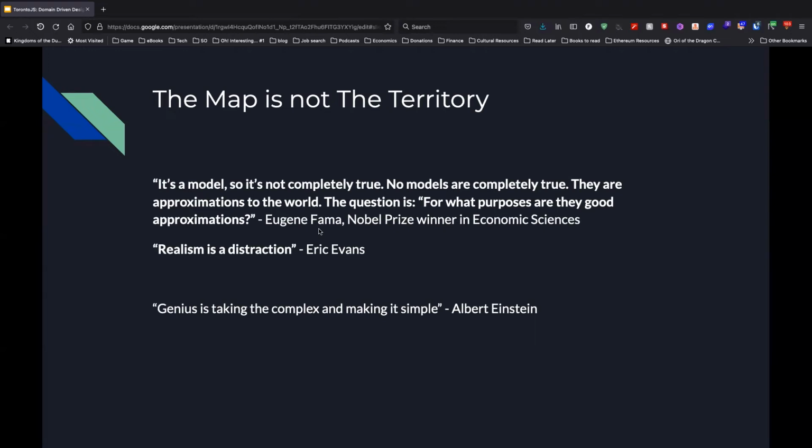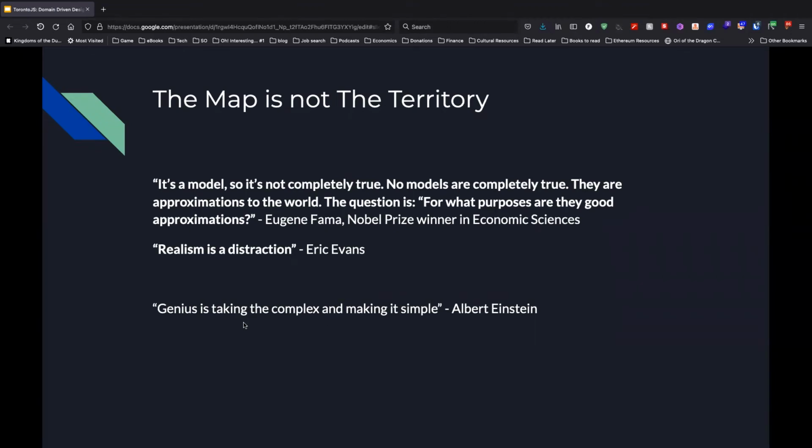But he says that a model is not completely true, and no models are completely true. They are approximations to the world. The question is, for what purposes are they good approximations? And I think this really cuts down to the essence of it, that models shouldn't be realistic.